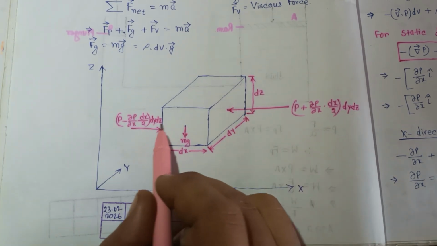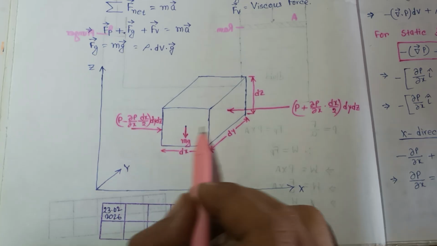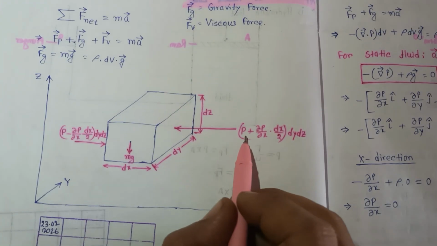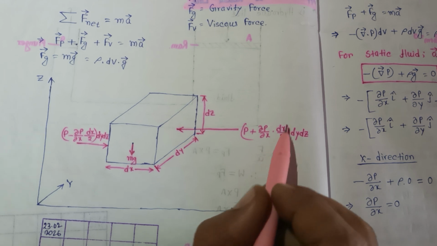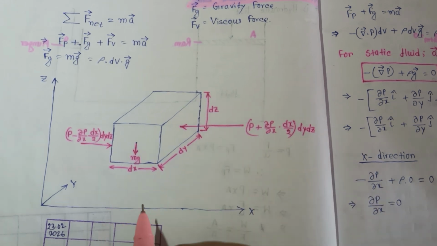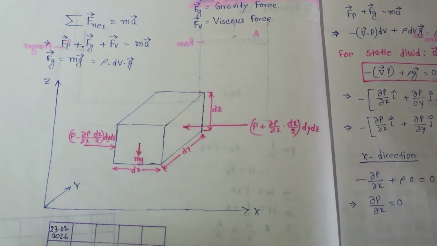In the negative x direction, it is P plus del P by del x into dx by 2 into dy dz. Similarly for y direction and z direction.